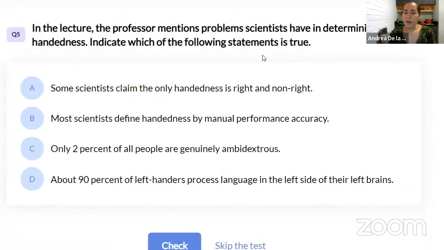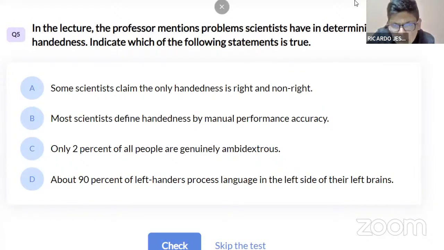Question 5 then. Ricardo, could you please read the question? In the lecture, the professor mentions problems scientists have in determining handedness. Indicate which of the following statements is true. Okay, guys. So what do you think is true?